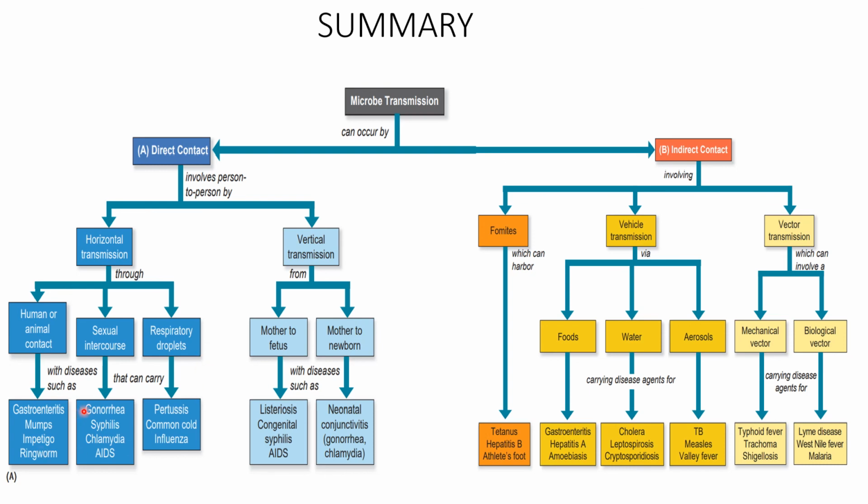So examples are given here. Whereas vertical transmission in the sense when the infection gets transferred from mother to the fetus. So it can happen from the mother to the fetus, or it can happen from the mother to the newborn, just born baby. So the examples are given here.